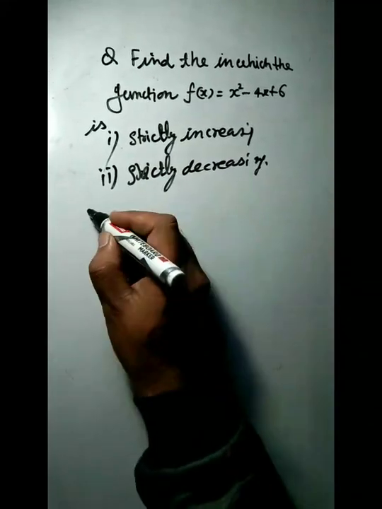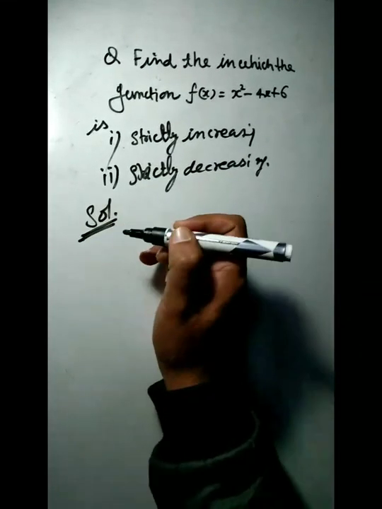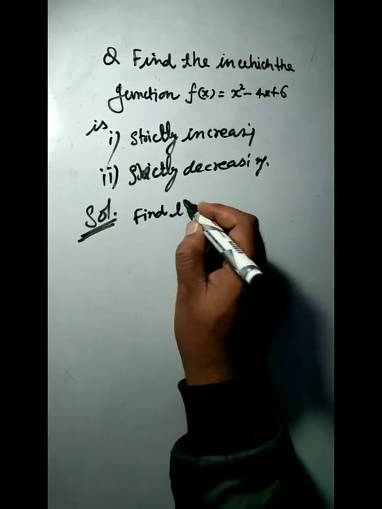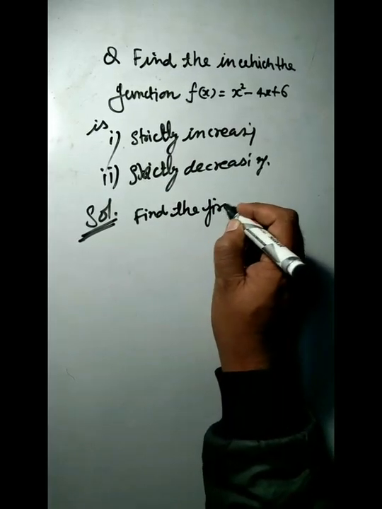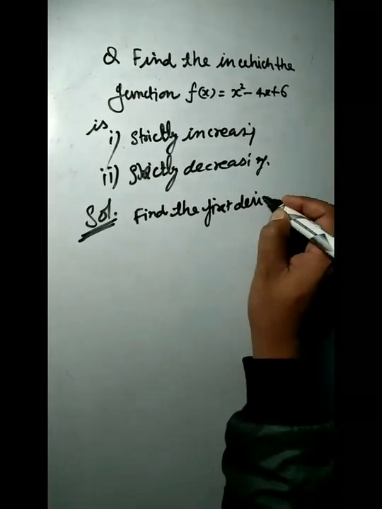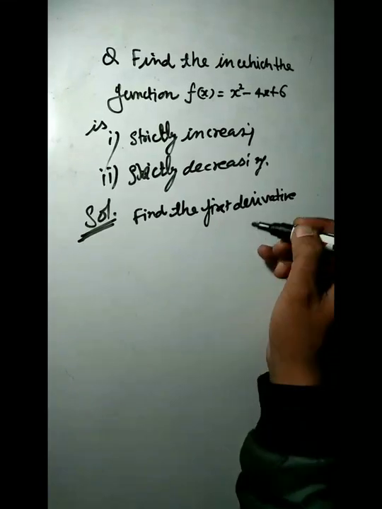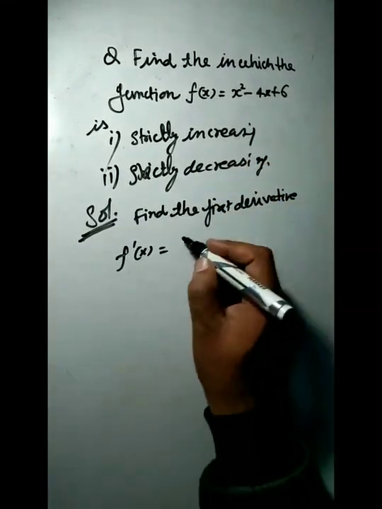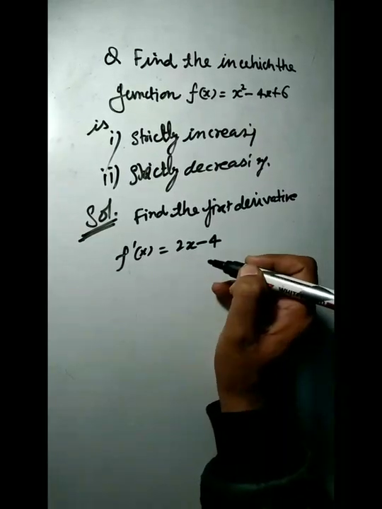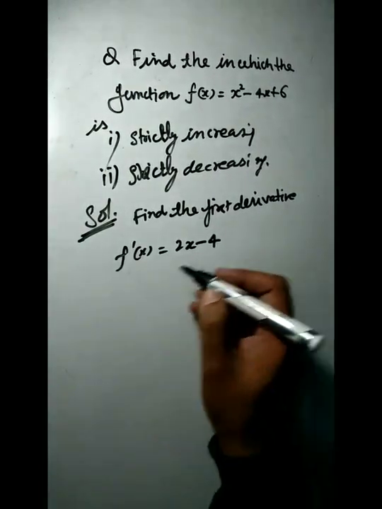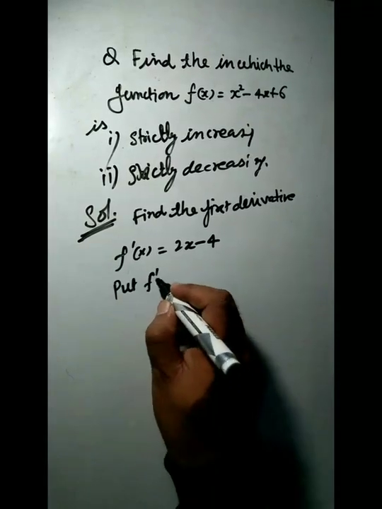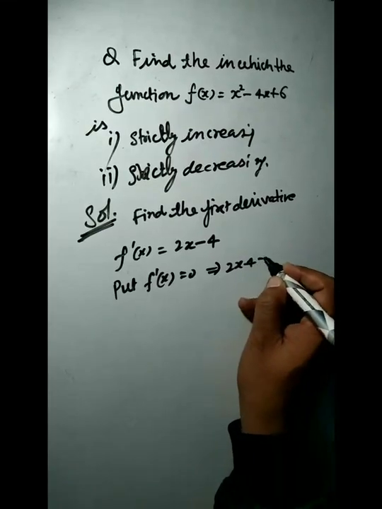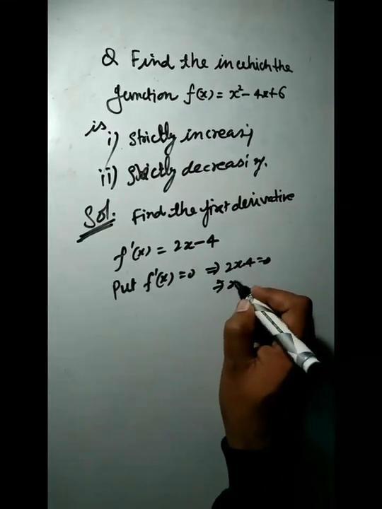So we can solve easily here. Find the first derivative, then f dash x equals 2x minus 4. Next step, put f dash x equals 0. This implies that 2x minus 4 equals 0. This implies that x equals 2.